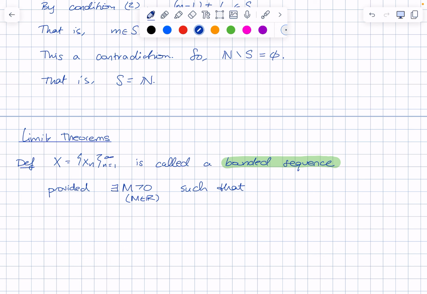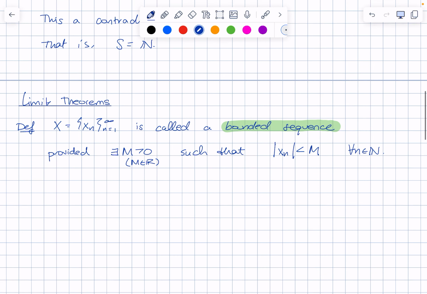Some x of n is less than m, for all n in the naturals. Okay. Questions with that definition?